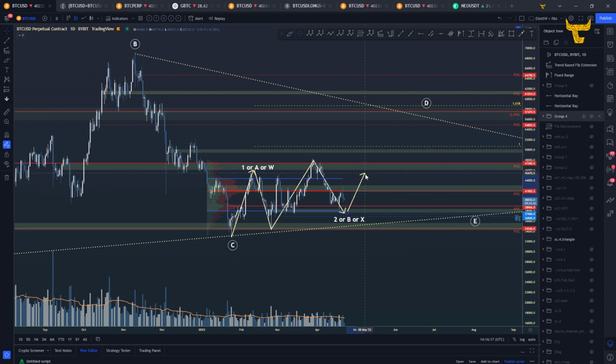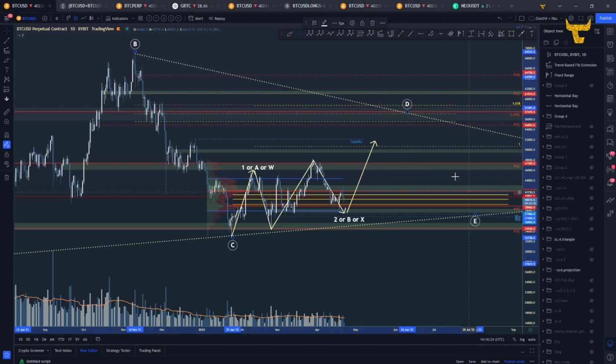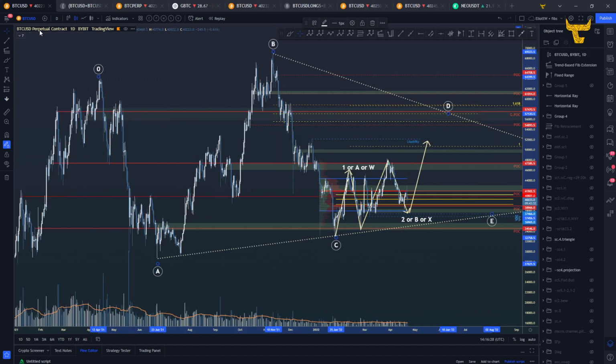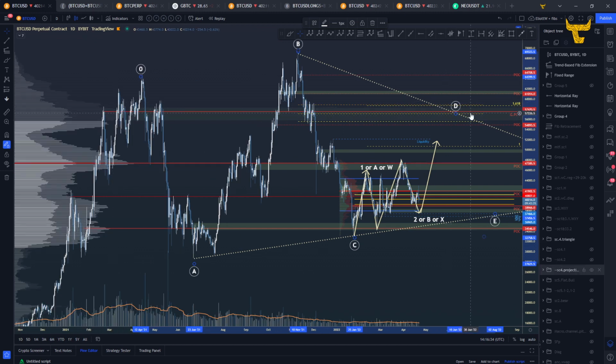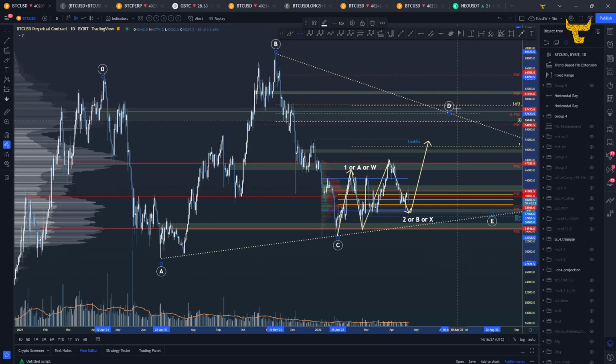So it gives us room to print wave D anywhere. This, knowing that we could be looking at the confluence of the POC of this range, one of the high volume nodes. I'm not sure it's a POC anymore. Yeah, high volume node here with the golden pocket and the 161.8 extension somewhere in here.